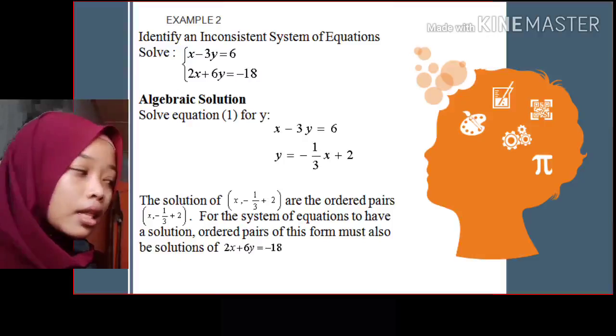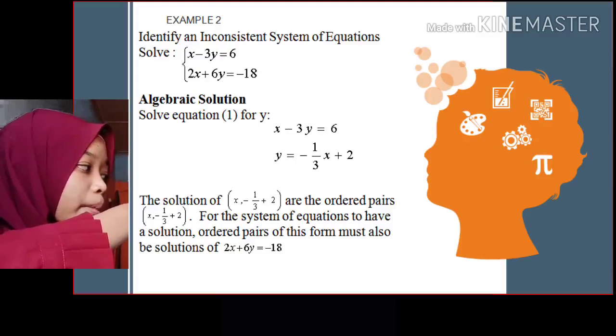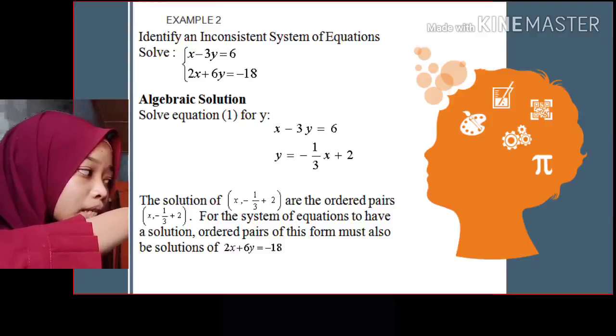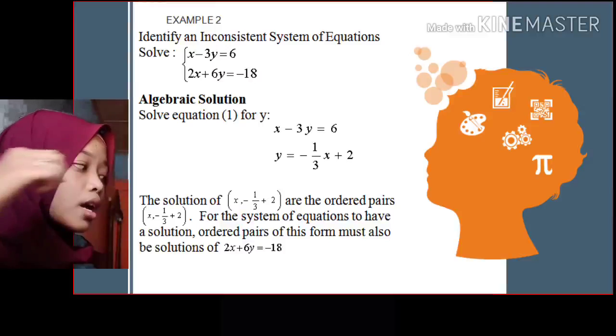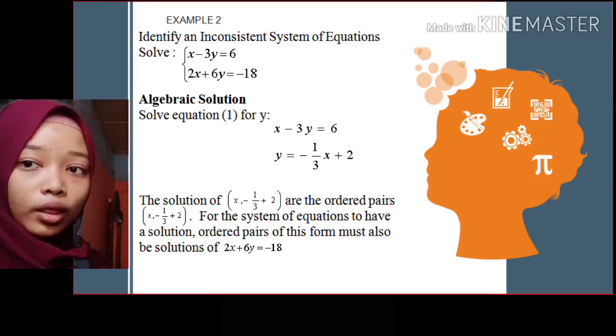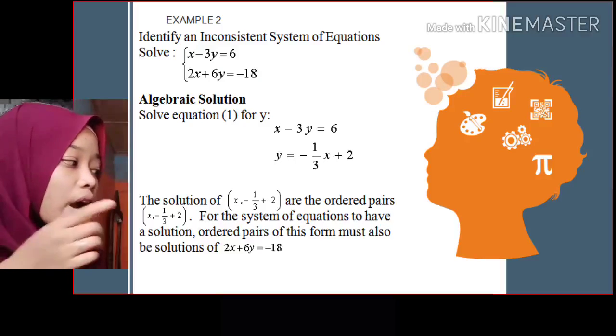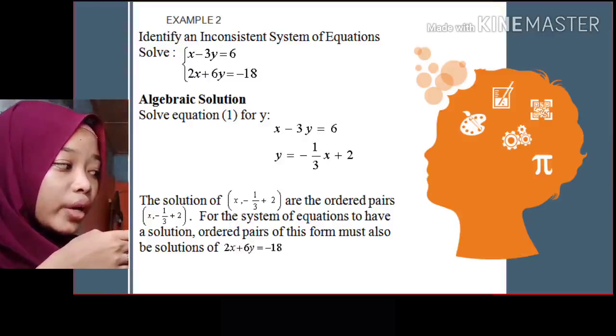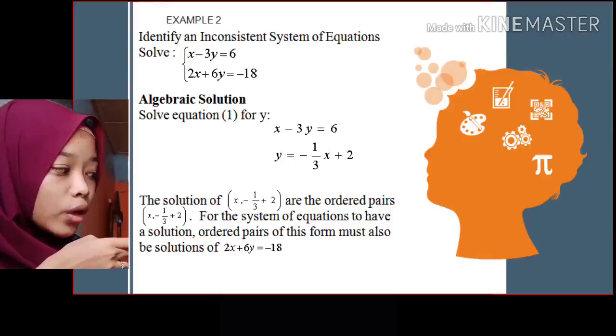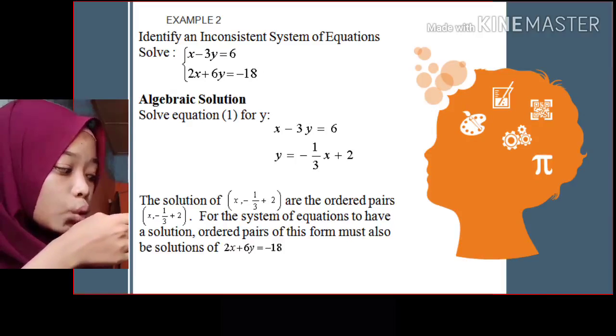For example, solve x minus 3y equals 6 and then 2x plus 6y equals minus 18. Solve equation 1 for y. x minus 3y equals 6, and then y equals minus 1 over 3 x plus 2.